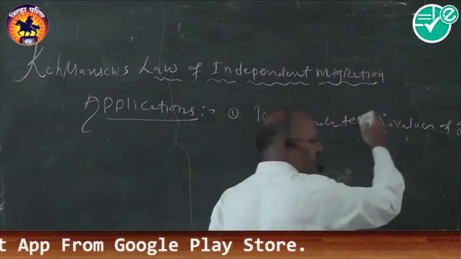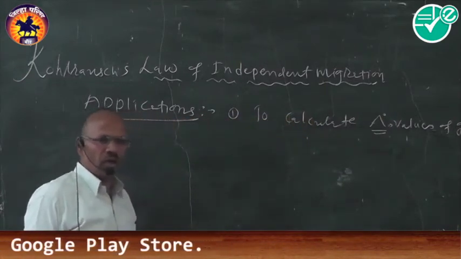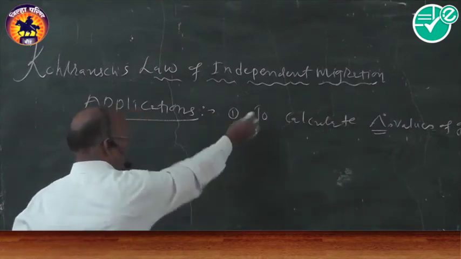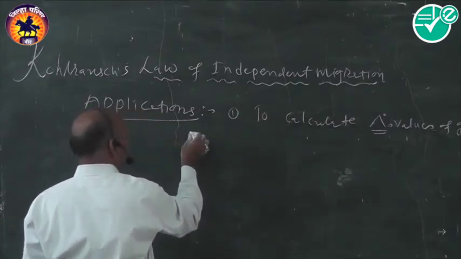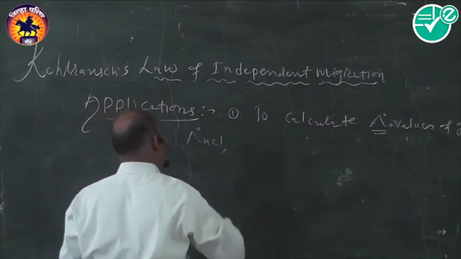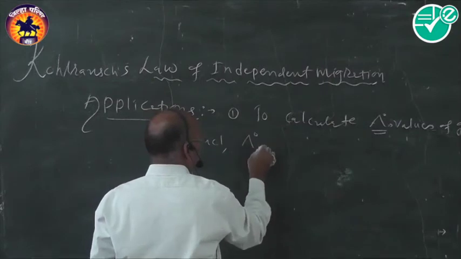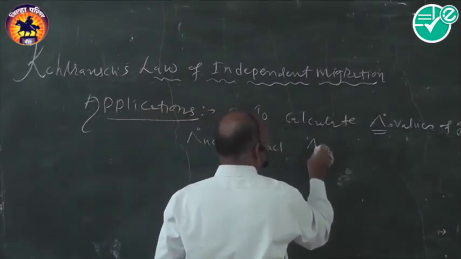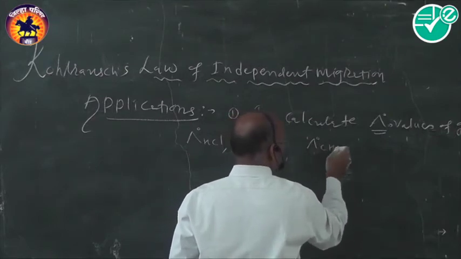Now, how to illustrate this with an example? Check this. Suppose the given data is like this: the molar conductivity of HCl is given, the molar conductivity of NaCl is given, and the molar conductivity of sodium acetate is given.